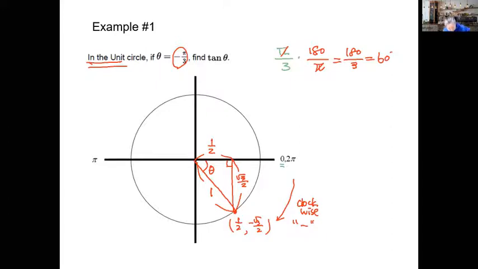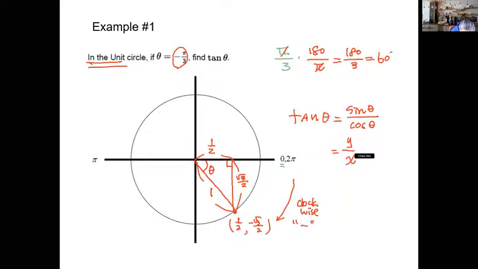Okay, so with that, we can find tangent. We know tangent of the angle is sine of the angle over cosine of the angle, and we were also supposed to get the value by y over x there, right?